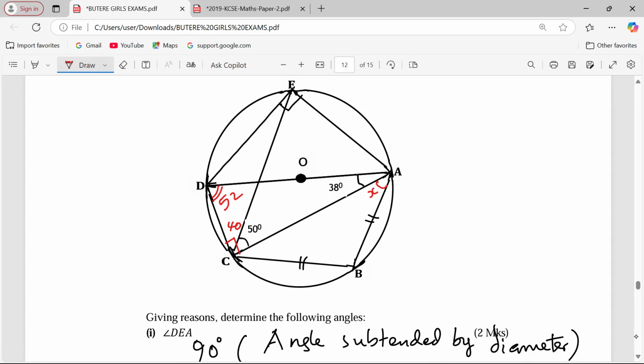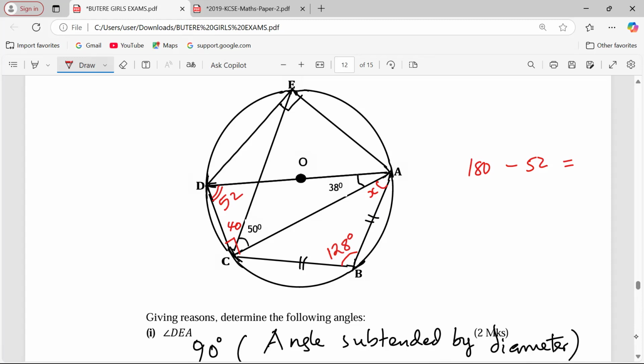They add up to 180. Therefore, when we take 180 and we subtract 52, we shall get the angle at B because it's opposite to 52. So 180 minus 52 gives us 128. So this is 128 degrees.